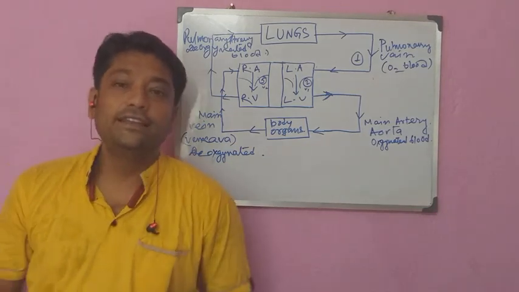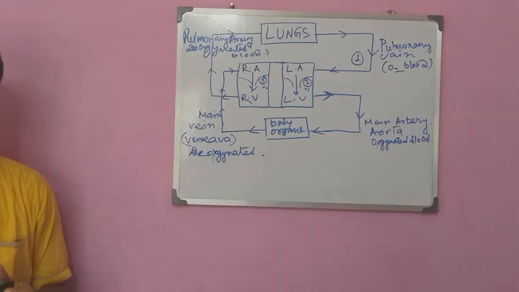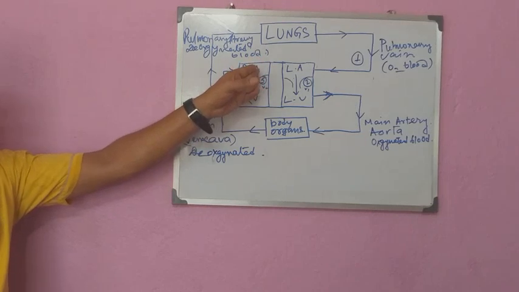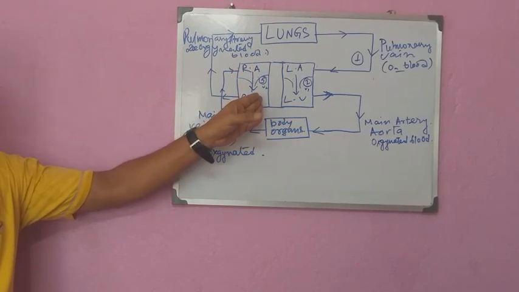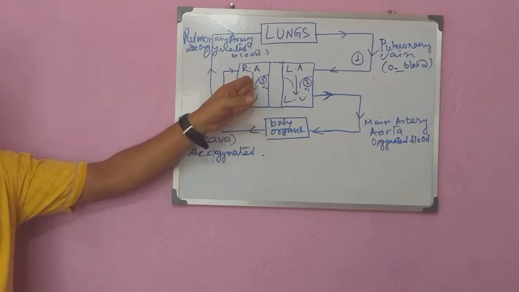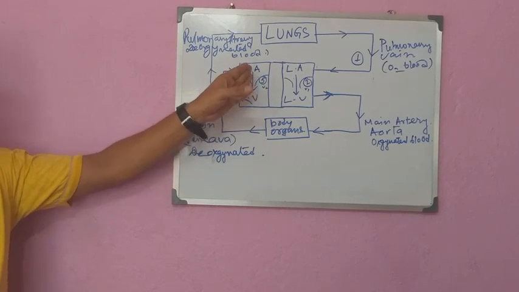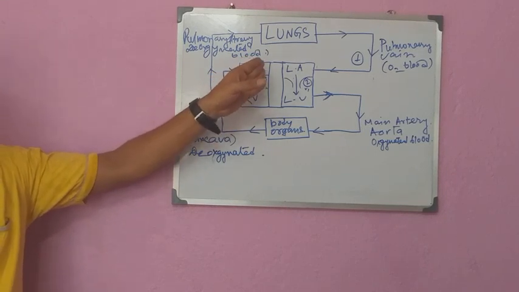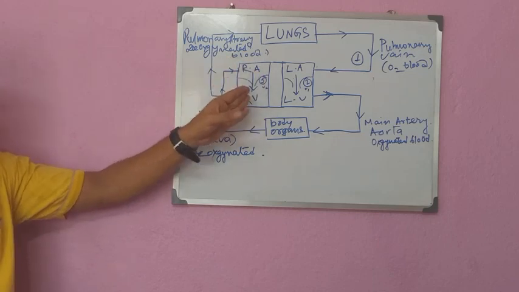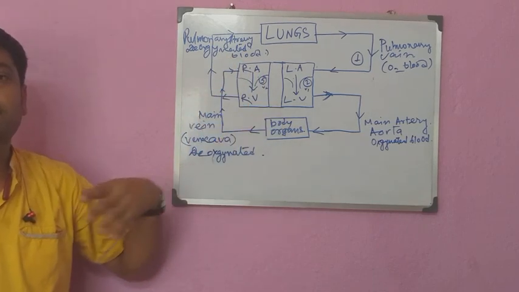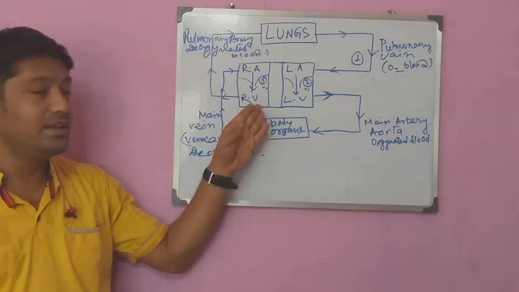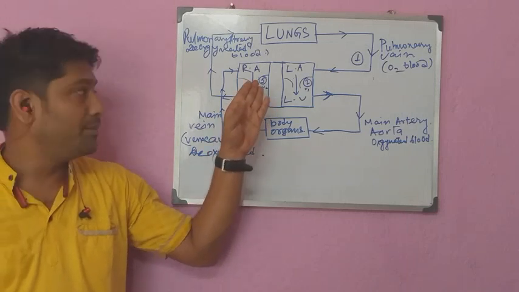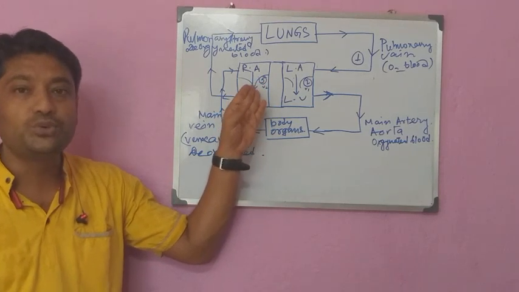Next, when the right atrium contracts, the deoxygenated blood is pumped into the right ventricle through valve 2.